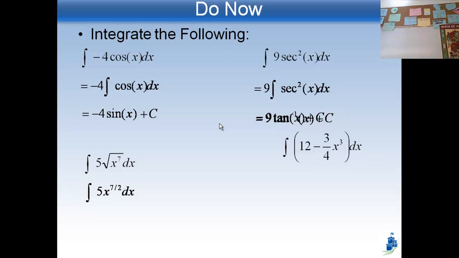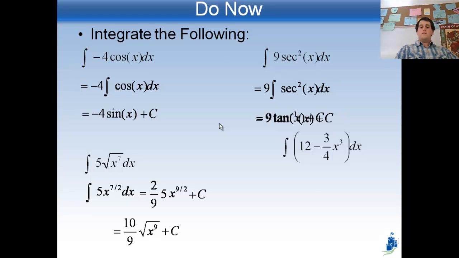So how many halves is 1 plus 7 halves? 9 halves. Okay. So then you divide 5 by that, which is the same as multiplying it by 2 over 9. Correct. Which is 10 over 9. You need your plus C. Other than that, it's perfect. Any questions? No.